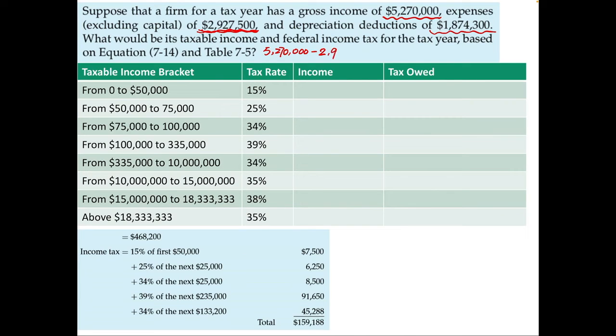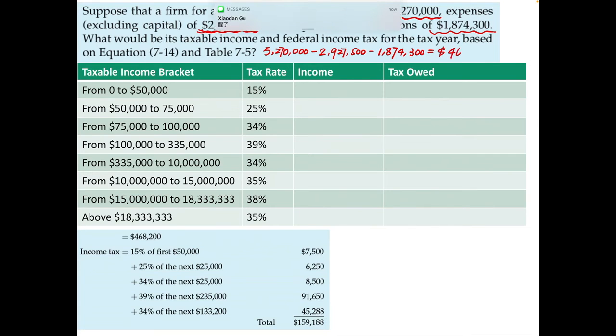So 2,927,500. And then minus the depreciation deduction for that tax year, which is 1,874,300. So this is going to be your taxable income, and that will be 468,200. Okay, so this is your taxable income.